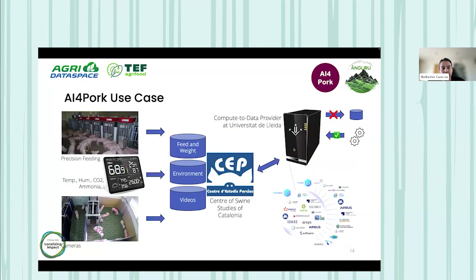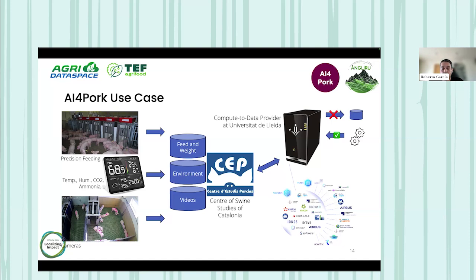One of the use cases is related to a project about applying artificial intelligence to the pig sector, to pig production. Basically, we're collaborating with a center affiliated with the university, an experimental pig farm. They have, for instance, among other things, automatic feeding machines. They have sensors to collect the conditions on the farm. They also have cameras.